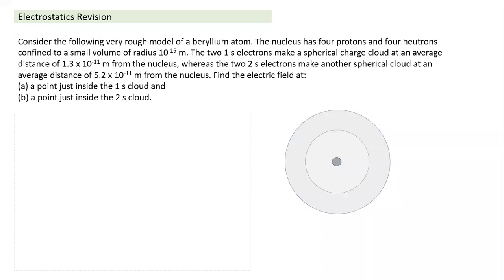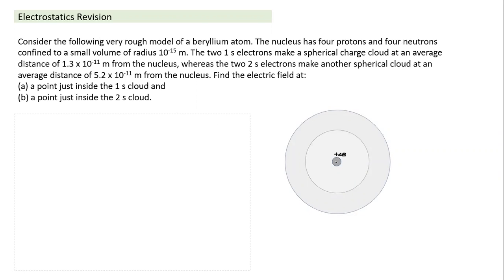Okay. Then we come to another application of Gauss law. This is a typical atomic model. So the nucleus is of a beryllium atom. The nucleus has 4 protons, so it has a charge of plus 4e, and has 4 neutrons. It is confined to a small radius.